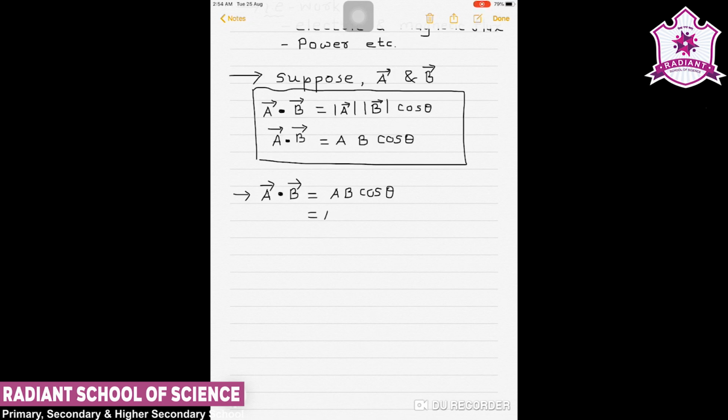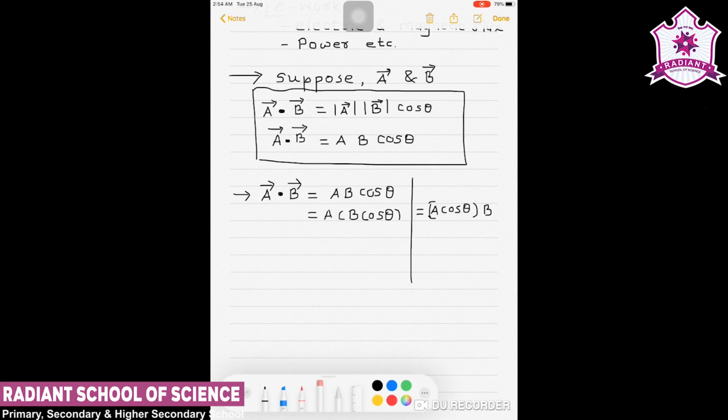One, that is AB cos theta, and it can also be written as A cos theta into B.